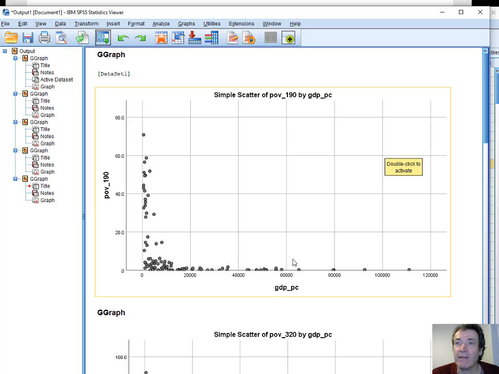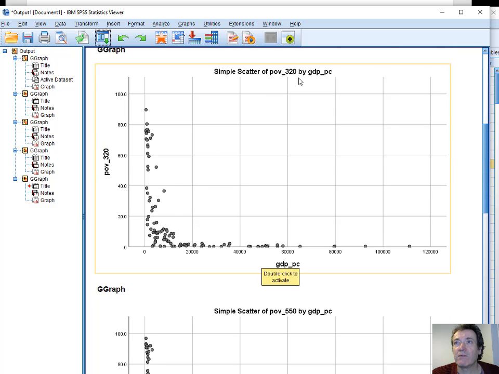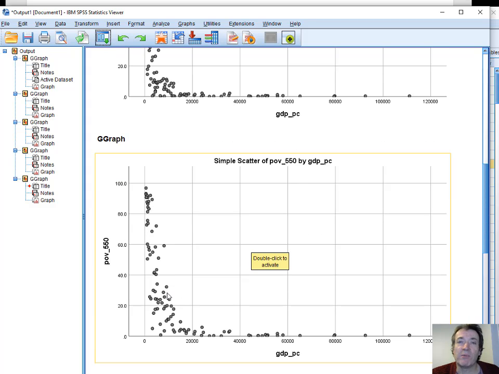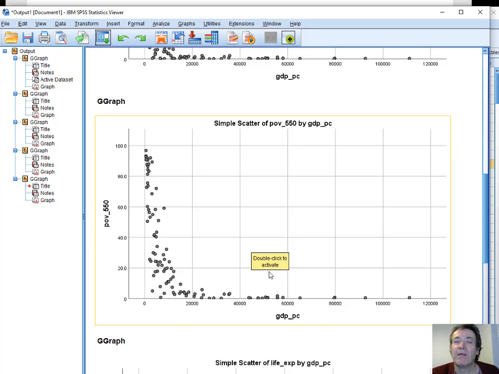It tails off quite sharply. At $3.20 a day, it's slightly more persistent, but still tails off very sharply. And at $5.50 a day, again slightly more persistent because that's a higher threshold to get people over. But even so, by the time you get to 20,000, 40,000, 60,000 a year, that's completely disappeared. We'll look in a minute at ways of making that clearer.